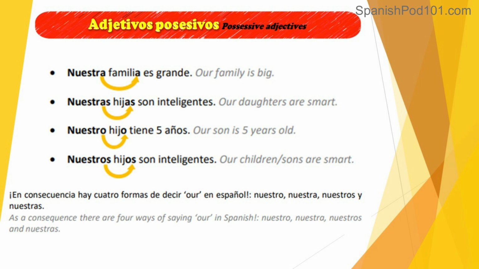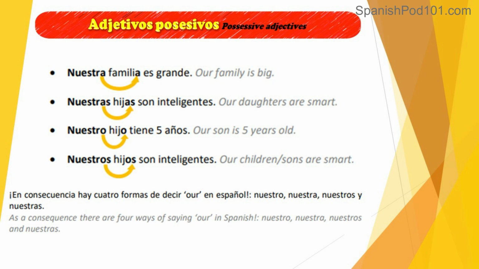That's why we have to say nuestras. The next example: nuestro hijo tiene 5 años. Our son is 5 years old. Now we're talking about hijo and we are still saying our, but we have to say nuestro because hijo is masculino and singular.